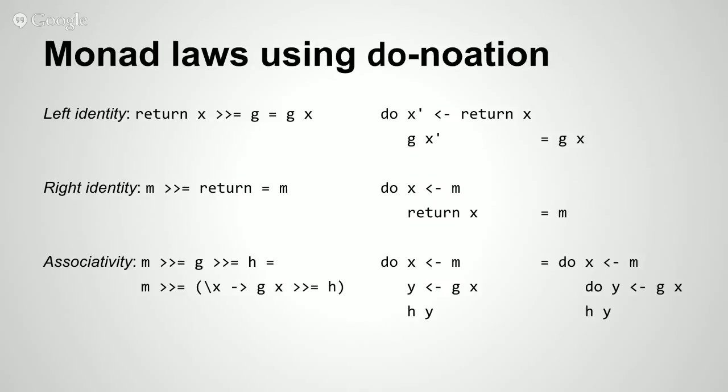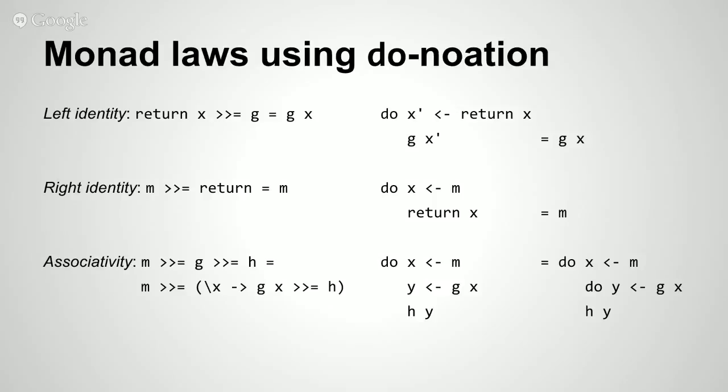It's saying that return doesn't really do anything other than lift something into the monadic context with no side effects. Right identity tells us that if we have x gets m and then we return x, so we're putting it back up into a monad, we get the same m back.